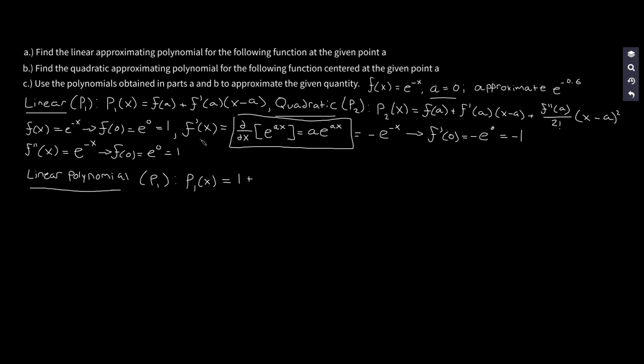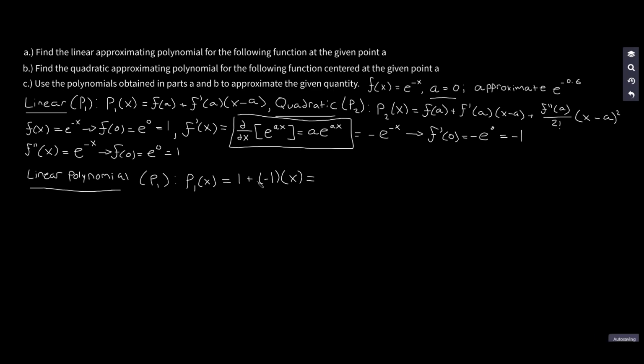Well, f prime of a was found to be negative 1, and then we need to multiply by x. Honestly, we could write it in, but we don't have to because it's just going to be x minus 0, so we're just going to ignore that a in the binomial. So we have negative 1 times x.